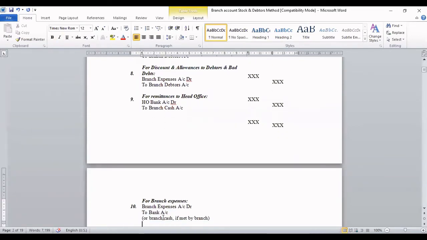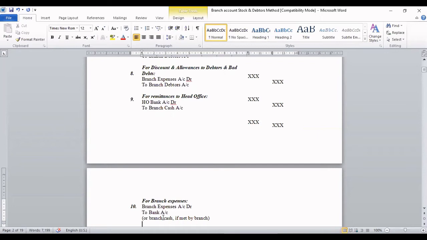Then next one. See, when the branch is incurring expenses, now there are two possibilities again. The branch expenses can be paid directly by head office or they can be incurred by the branch itself. If branch expenses are incurred by head office, what will be the entry? The expenses belong to the branch, correct?